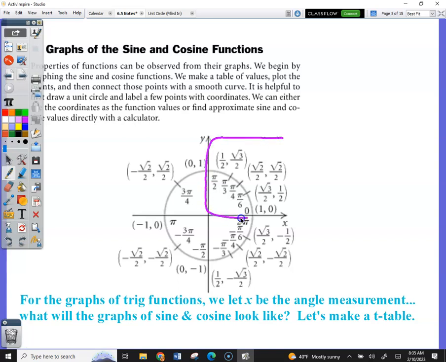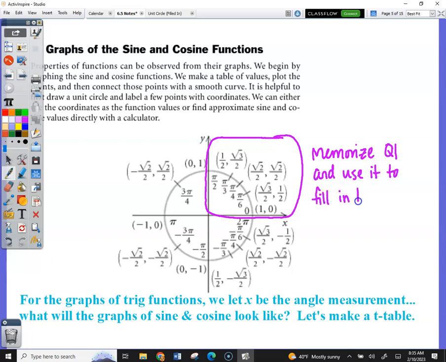Remember, if I was to ask you to fill in the unit circle, then you need to memorize quadrant 1 and use it to fill in the others. If you'll just get quadrant 1 down, you can use it to fill in the remaining quadrants.